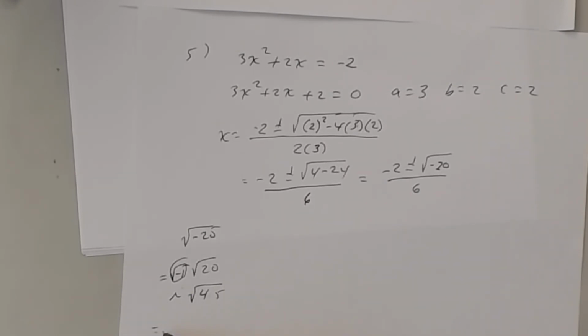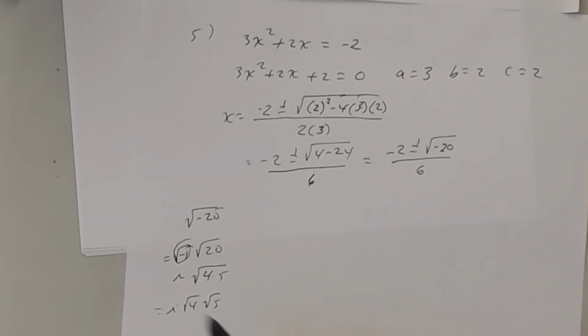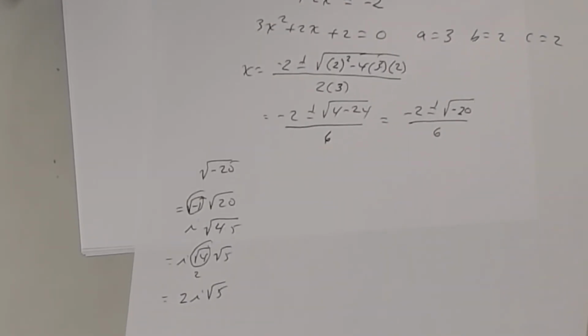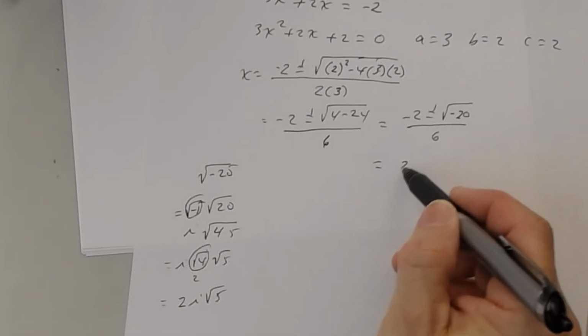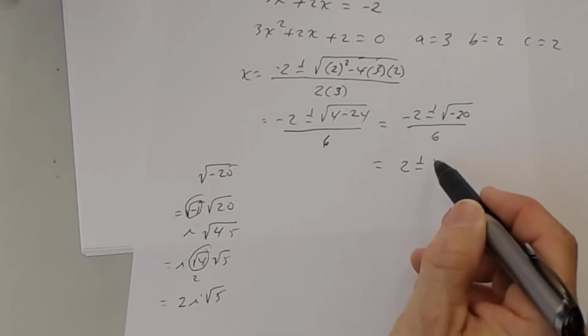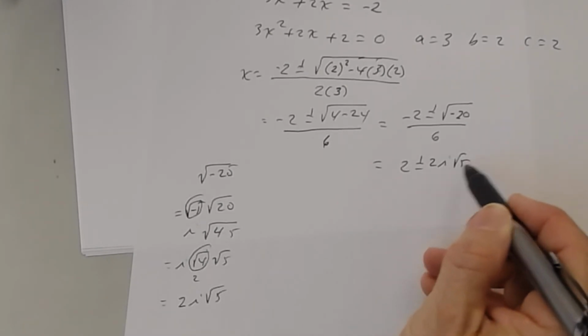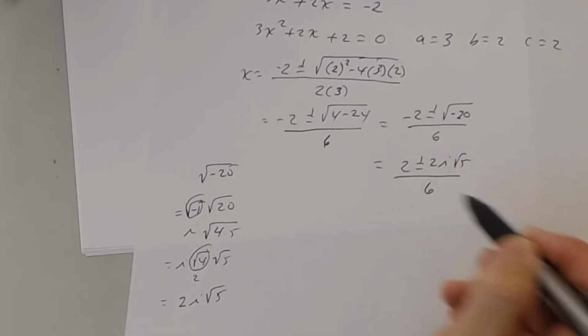And then remember, I can write this as i times the square root of 4 times the square root of 5. But what is the square root of 4? 2. Now, knowing how we prefer to write this, how are you going to rewrite those factors? 2i square root of 5. Good. Now this becomes 2 plus or minus 2i square root of 5, all divided by 6.